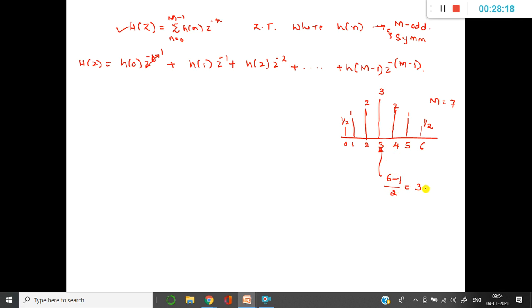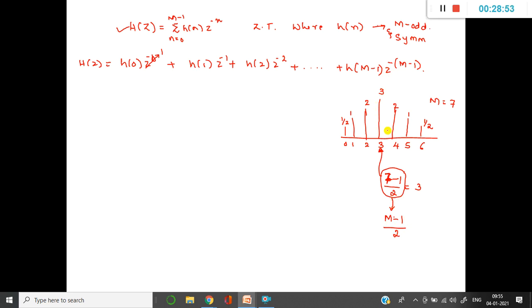So I can generalize this: M is 7, the total samples, minus 1 by 2 will give me the middle sample. So I can generalize that M, the total number of samples, minus 1 divided by 2, applies for any odd signal.